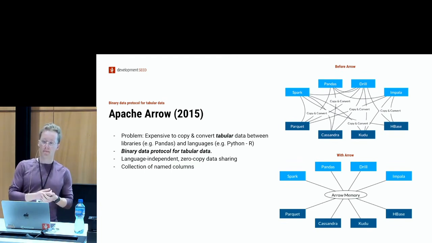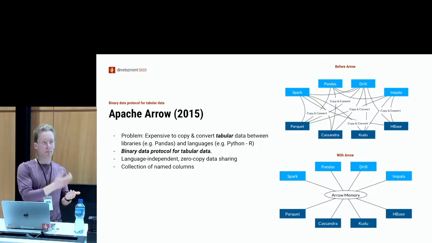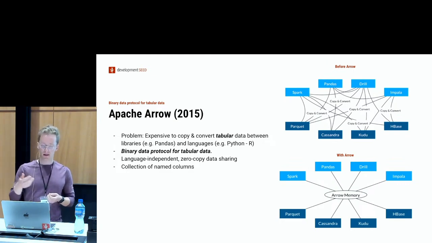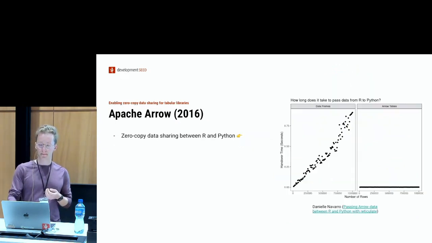And so after NumPy, we had pandas and other tabular data sources that had similar problems where people wanted to use both Python and R, or Python and some other databases or some other programs, where we had the same expensive copy and convert step. And so Arrow came along as a language-independent format that could be implemented across languages and be used by multiple different projects, that then makes it free to share this data between different implementations.